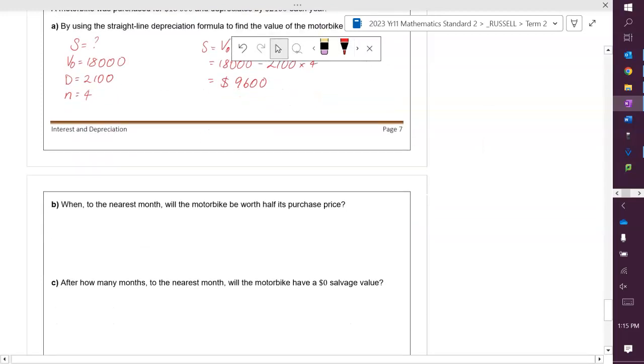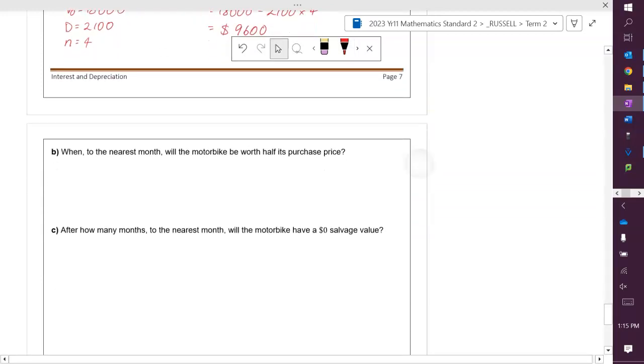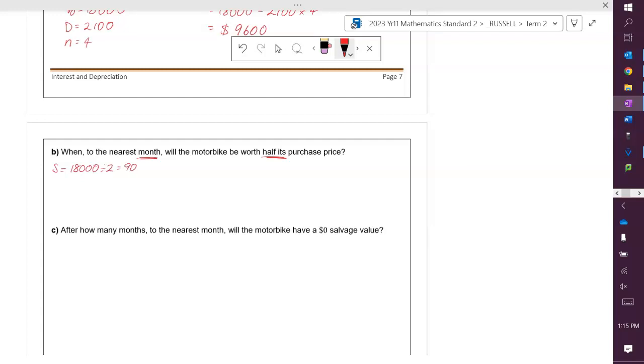The next part is: to the nearest month, so month is what we need here, when will it be worth half of its purchase price? If S is what we're trying to get, being half of what we paid for it, we paid 18,000, so if we divide by 2, we need to get S down to being 9,000.